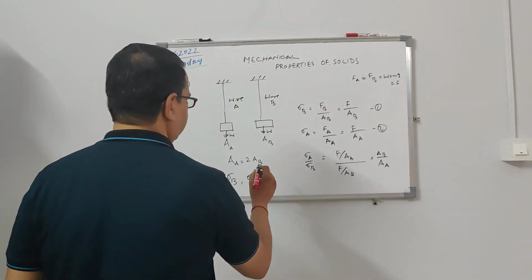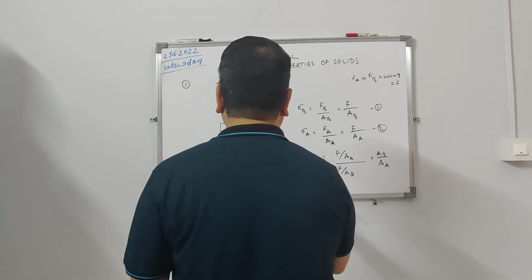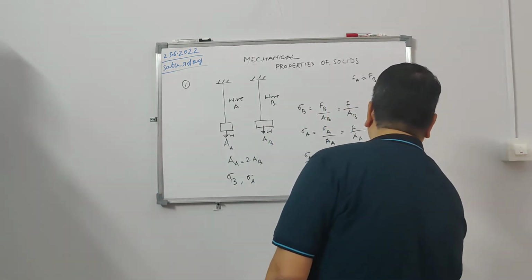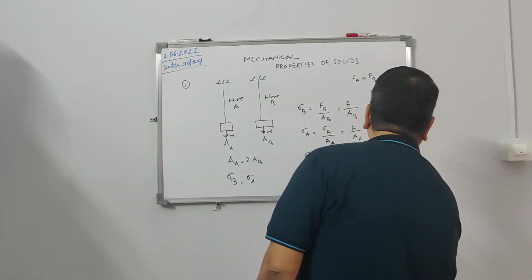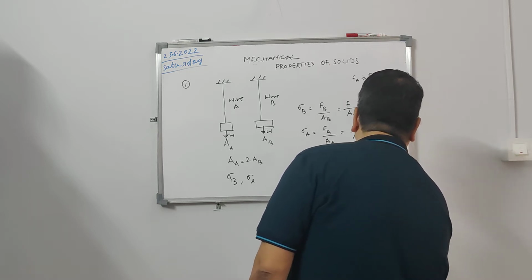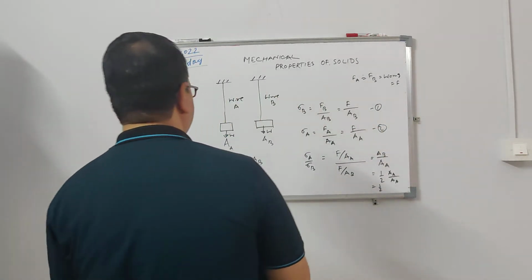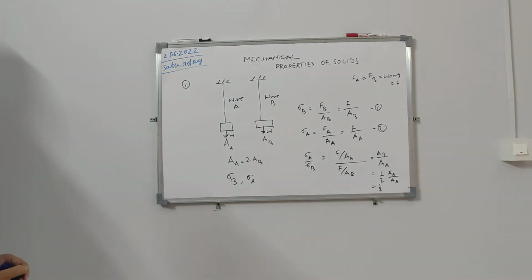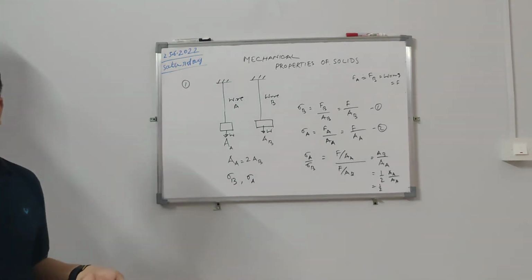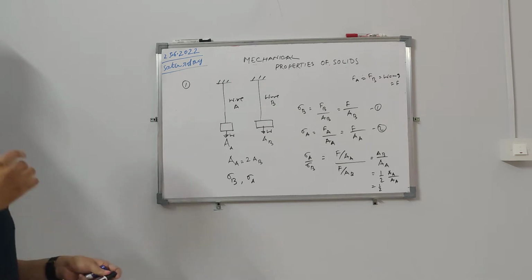Now we have been told AB is half of AA, so just replace it by half of AA divided by AA. This becomes half. So if the area of cross section is twice, then the stress will be half.